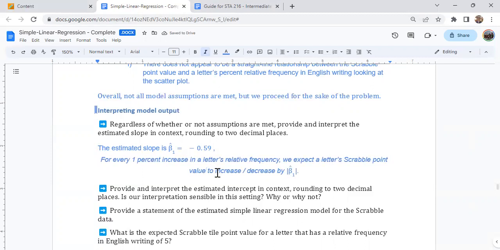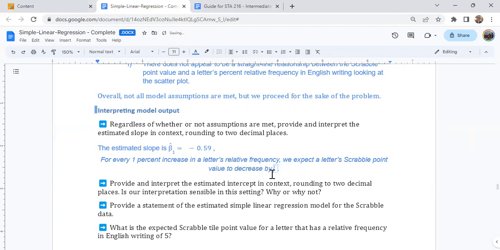Then do we say increase or decrease? Decrease, to decrease by, and saying decrease takes care of the negative, and then we just say 0.59 points.